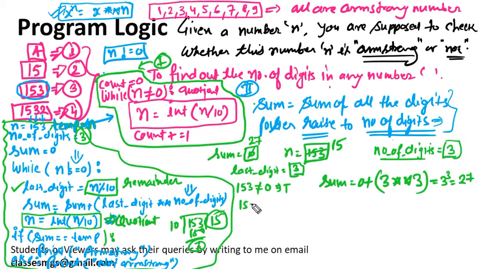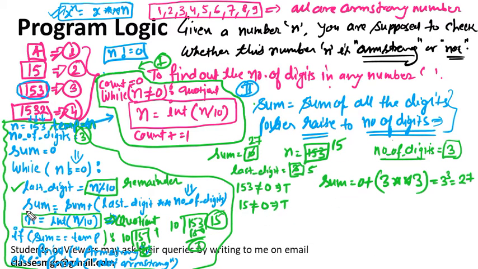15 is not equal to 0, the condition is again true. This time the last digit will be what? 15 divided by 10 gives quotient 1, and the remainder will be 5. So the last digit will become 5.